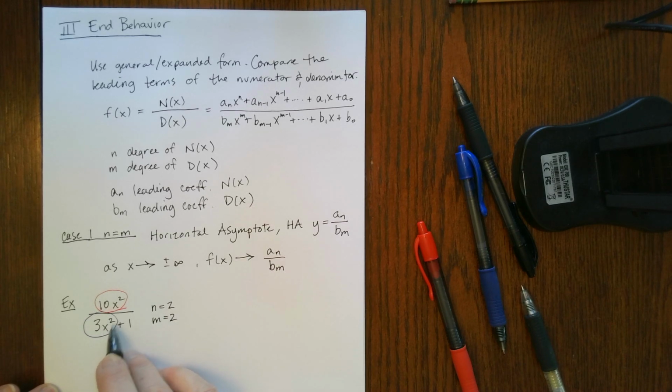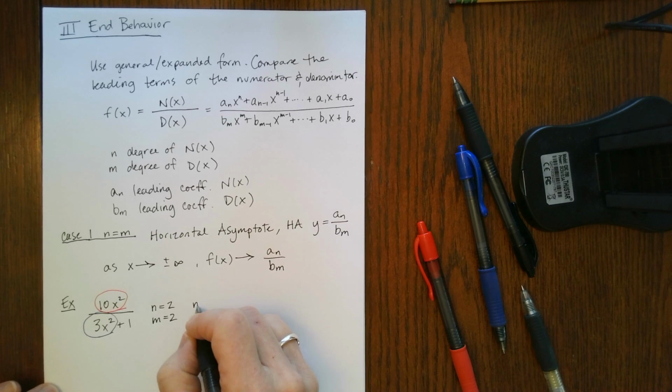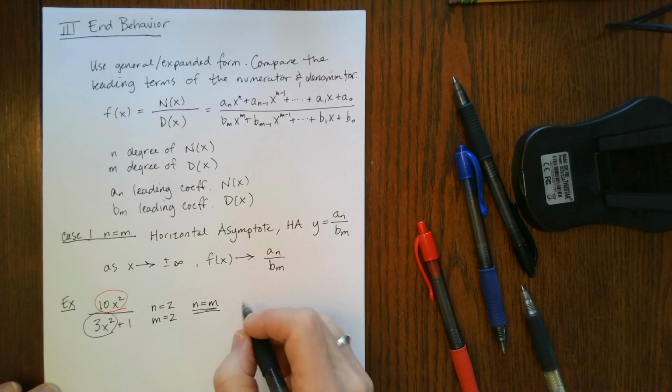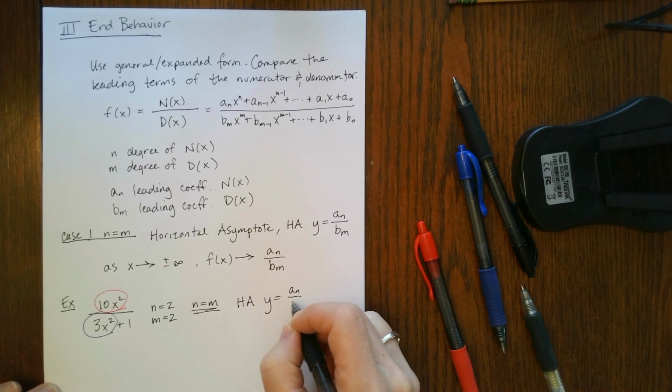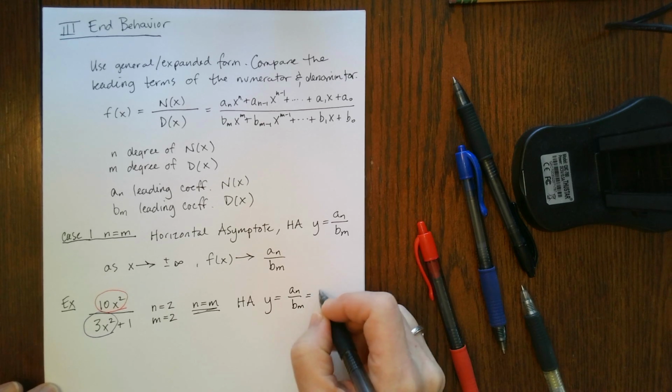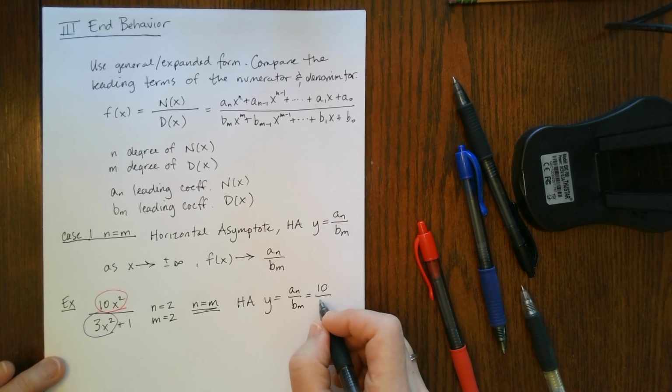That's the degree in the denominator polynomial. So we have n equals m. That means that there's going to be a horizontal asymptote, y equals a_n divided by b_m, and in this case the leading coefficient on top is 10 and the leading coefficient on the bottom is 3.